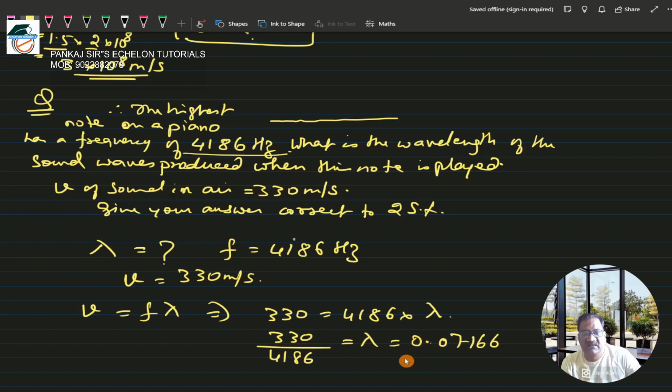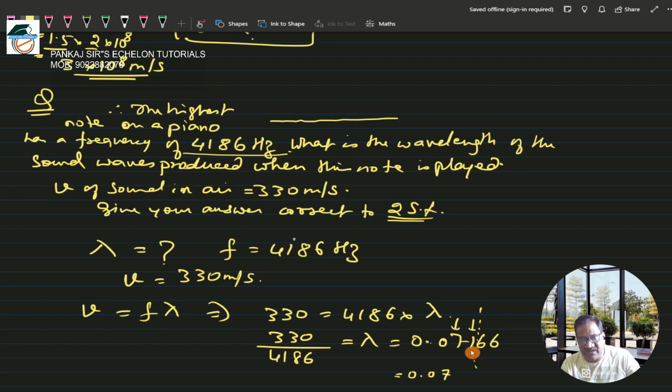Okay, so this is the answer, but then you have to give the answer correct to 2SF. 2SF means what? Now here 0.07166, this is the number. In this, 7 is the first significant figure, and this 1 is the second significant figure. So you have to give the answer only till this 2SF.